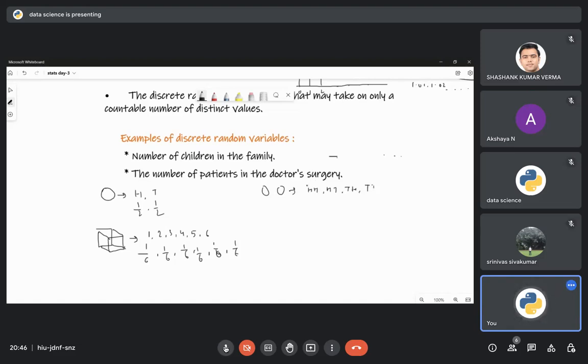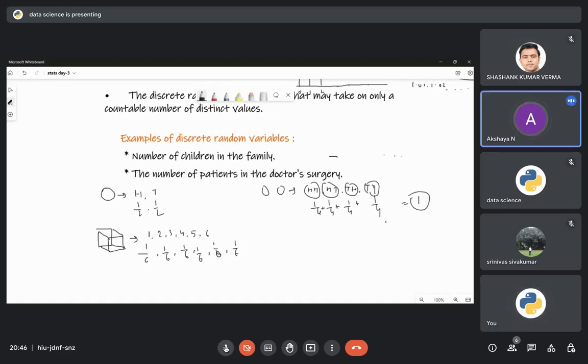Now tell me the probability of each of these random variable outcomes. So 1/4, 1/4, 1/4, 1/4. Does it make sense, guys? And if you add all those, it will always be 1. So this is the thumb rule of probability.